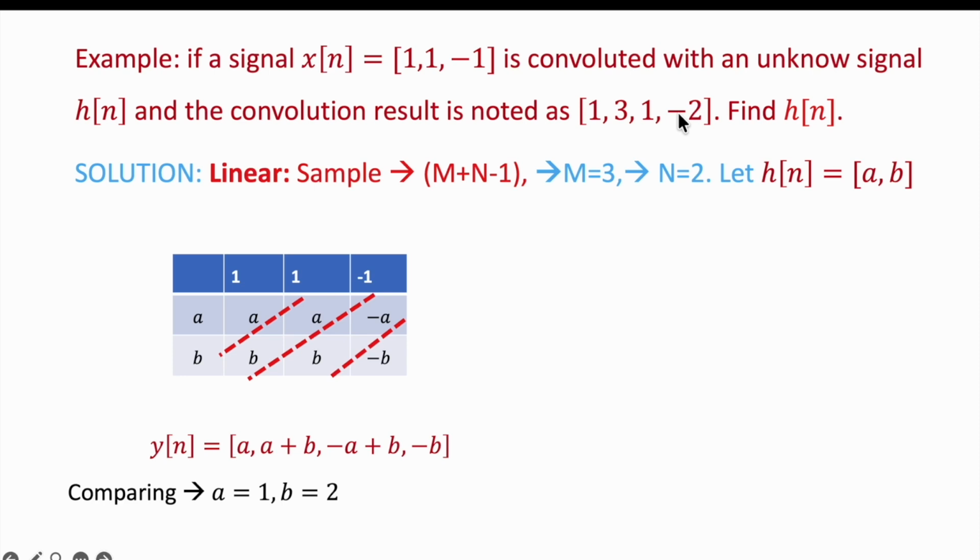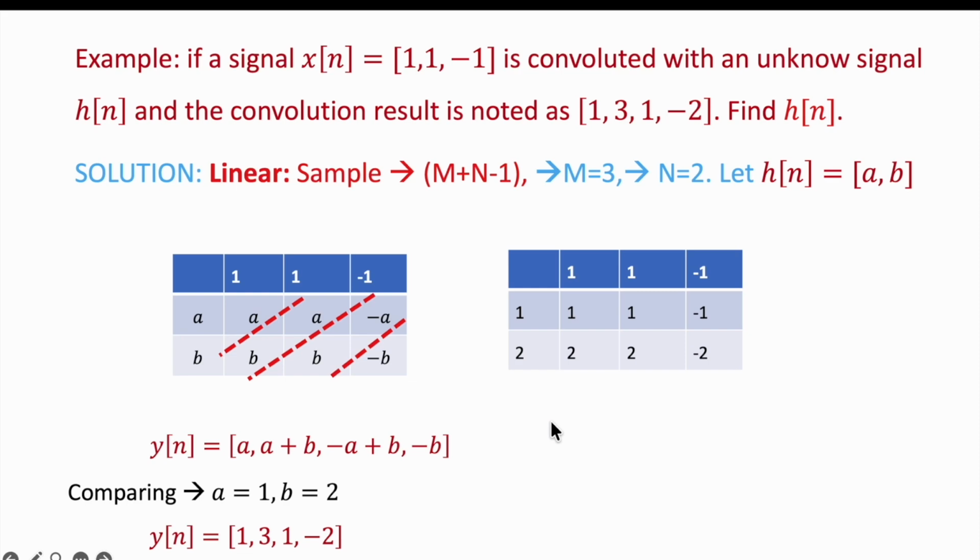So if you compare minus b with minus 2, the value of b will be equal to 2. If you insert these values, a equals 1 and b equals 2, in this y of n, then you end up with the same result: 1, 3, 1 and then minus 2. So in this way the value of a is 1 and the value of b is 2.